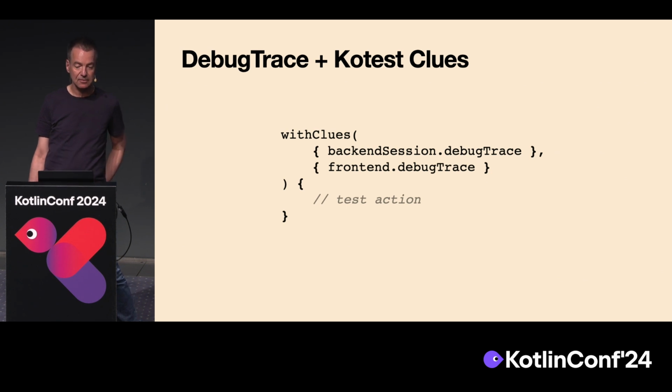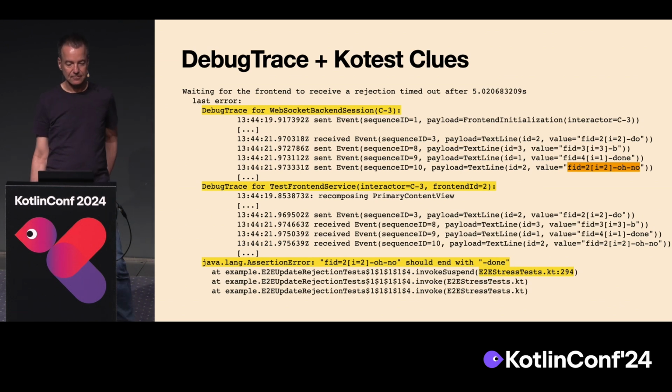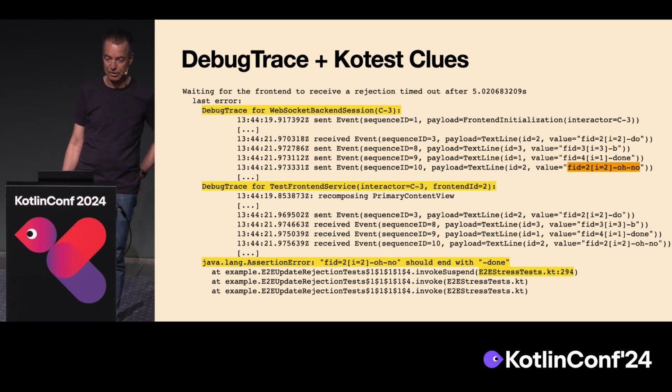We have a test action and wrap it in clues, providing the corresponding front-end debug trace and the corresponding back-end session debug trace. And then the result would look like this. We can see what was detected, where it was detected from the stack trace, which front-end and back-end session was affected, what happened before on the front end, and what happened before in the corresponding back-end session.